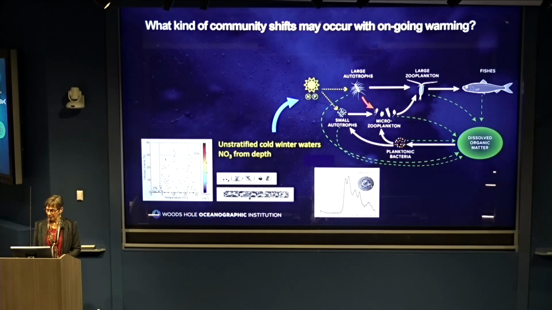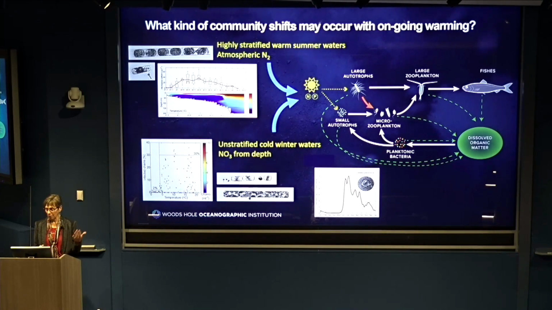And this contrasts starkly with the Hemialis anomalous bloom that we saw, which was favored in really warm summer conditions when they can outcompete other phytoplankton that are nitrogen limited because they don't have the symbiotic ability to fix nitrogen from the atmosphere.